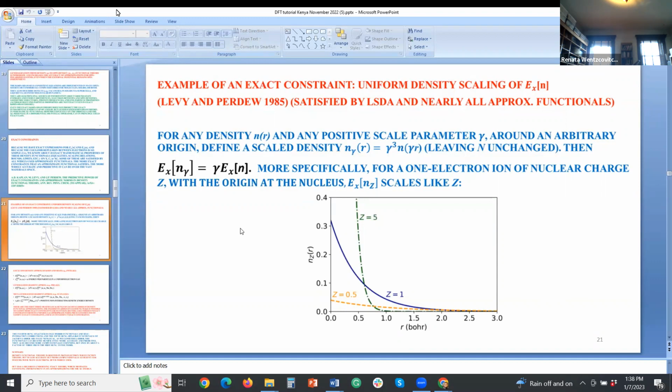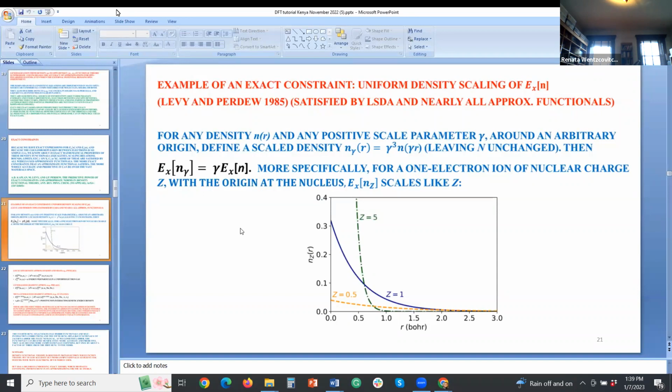You'll get the same number as you get by integrating n of r over that space. And the scaling relation says that the exact exchange energy, Ex, for the scaled density n gamma is equal to the scale parameter gamma times the exchange energy of the unscaled density.